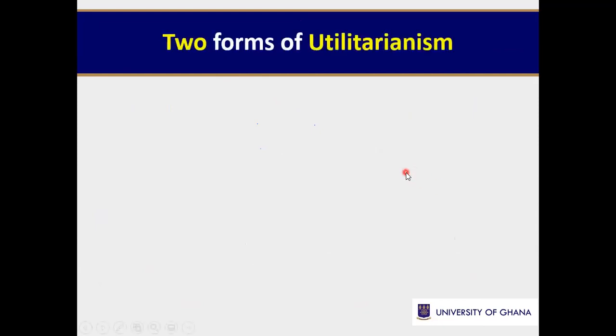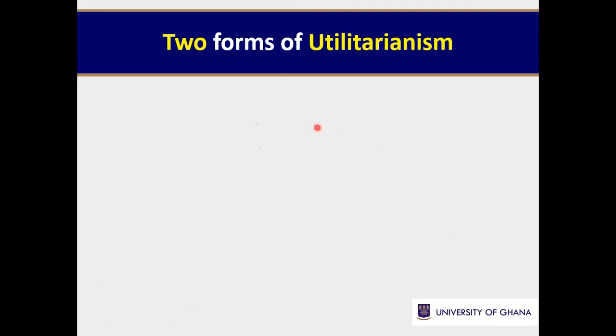Okay, I got a bit distracted. Utilitarianism is one of the main theories underlying the ethics of consequentialism. So we have seen ethical egoism.